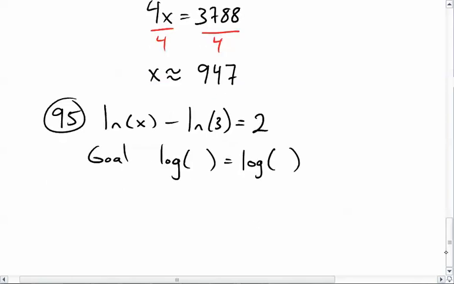I can show you how to do this using the method where you're trying to make one log on each side. Now remember, ln just means log base e. So anytime you see natural log, you can replace that with log base e.